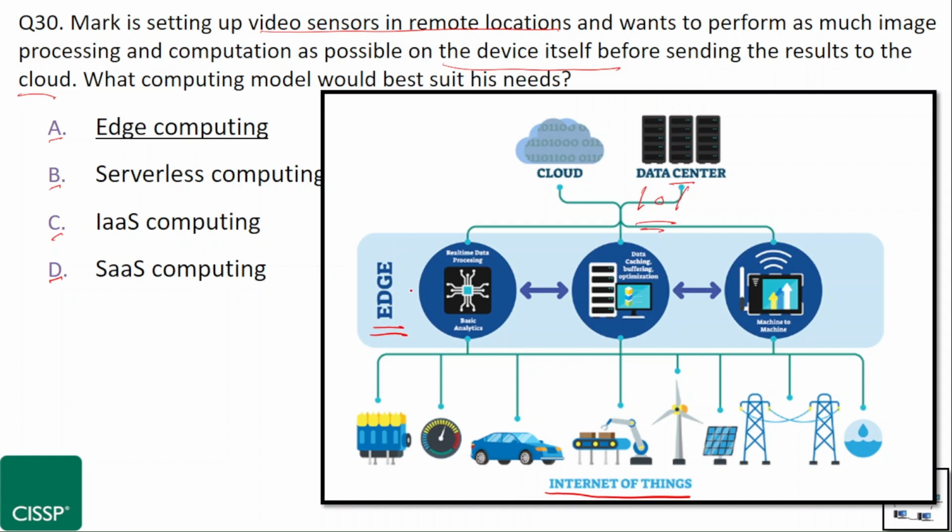The computation is made at the edge, and that's why this is called edge computing, and it tries to send minimum information to the cloud or to the data center. Only the required and useful information is sent upward instead of sending gigabytes or terabytes of data, which is bandwidth intensive as well as costly. So that's the concept of edge computing.